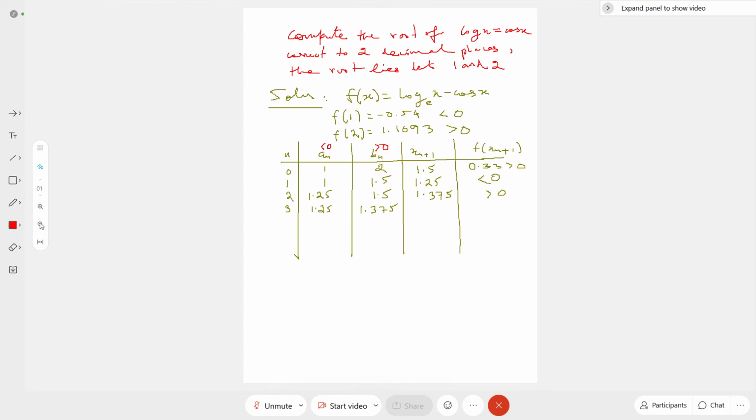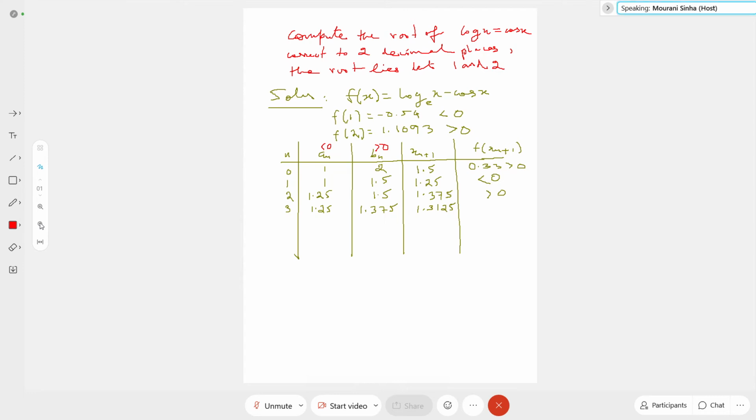Okay, next middle point of 1.25 and 1.375. 1.3125. Right, very good.